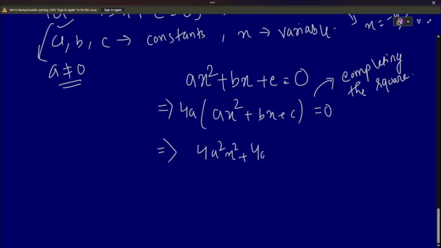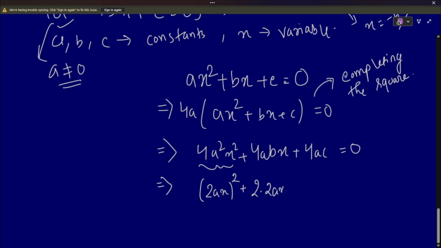This one becomes 4abx, and the last term becomes 4ac, equals 0. Correct? Now, the first term here is 2ax whole squared. And you can write the second term like this, 2 times 2ax, which is 4ax, only a b is left. But now if you add b squared to it, it becomes a perfect square, right?